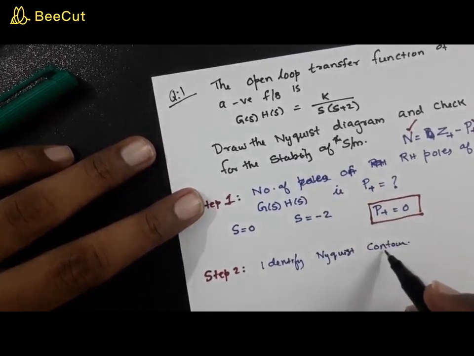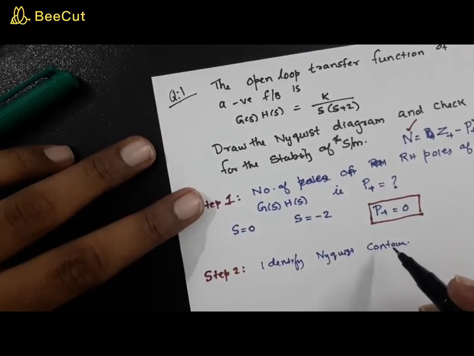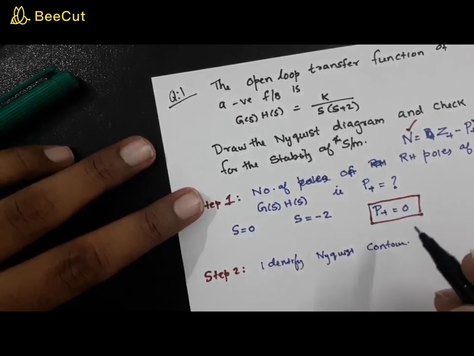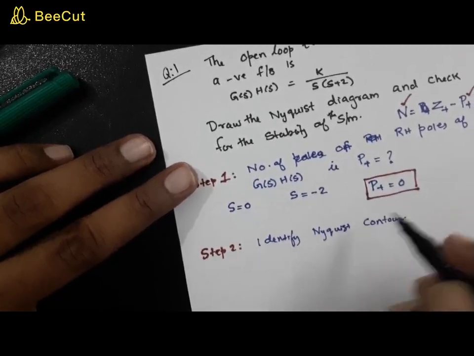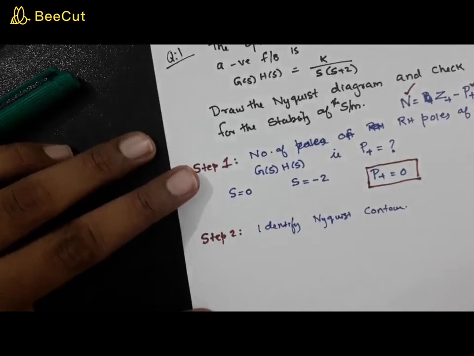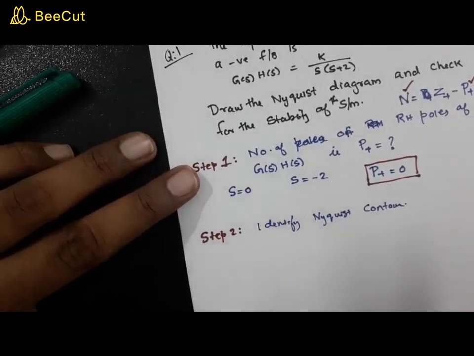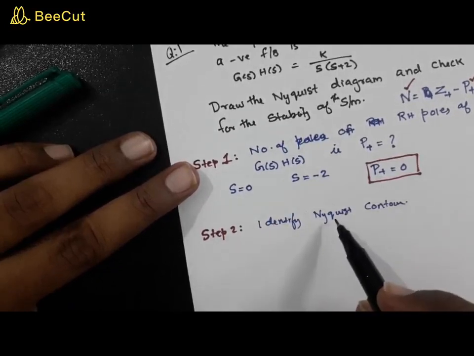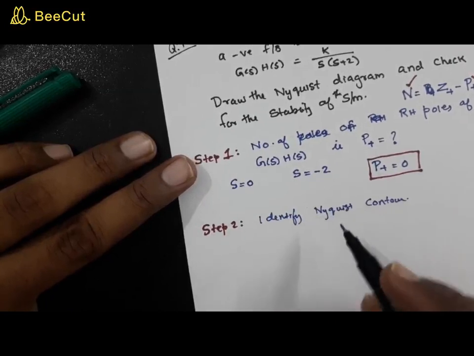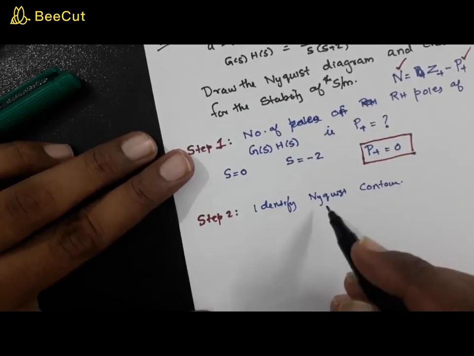The Nyquist contour is actually the right half of the S plane. So you need to identify that Nyquist contour. Every time it is going to be the right half, so you may be thinking, what is the need of this step? It is always the right half of the S plane.